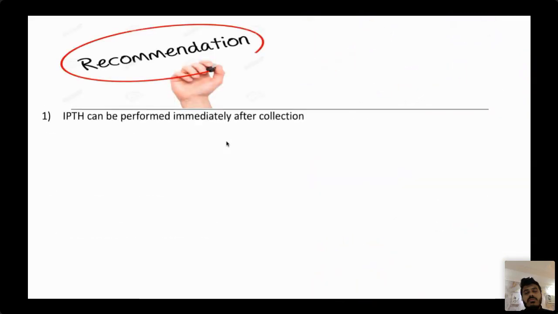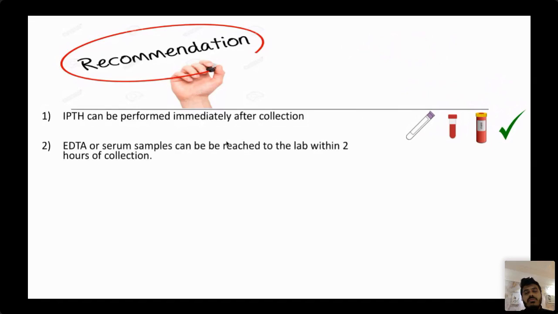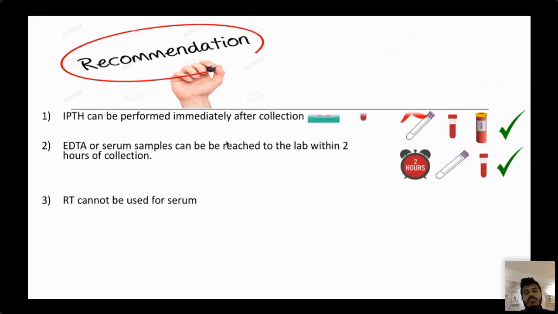Our recommendation: intact parathyroid hormone can be performed immediately after collection using EDTA plasma, serum from a gel or serum separator tube. EDTA or serum samples can reach the lab within 2 hours of collection. Room temperature cannot be used for serum.